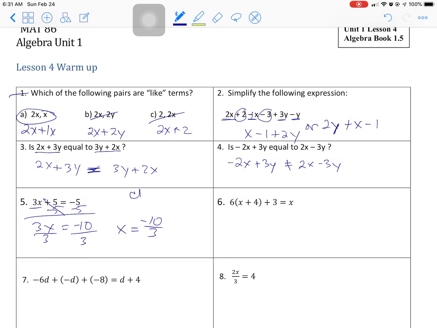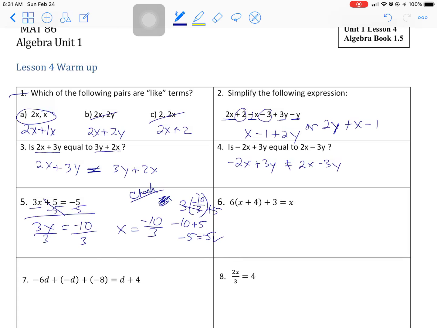You can always check these. 3 times negative 10 over 3 plus 5. This would be negative 10 plus 5. Negative 5 equals negative 5. So that's good.